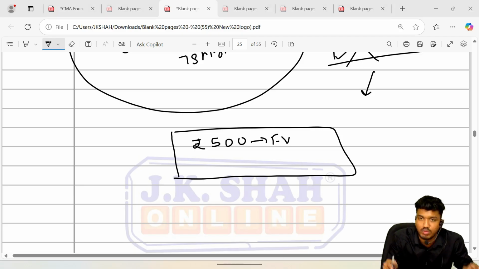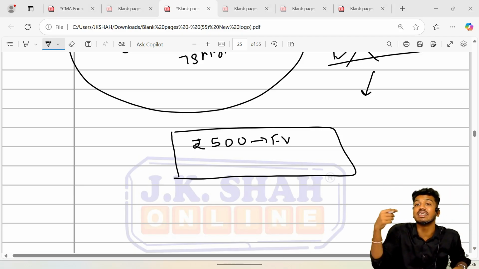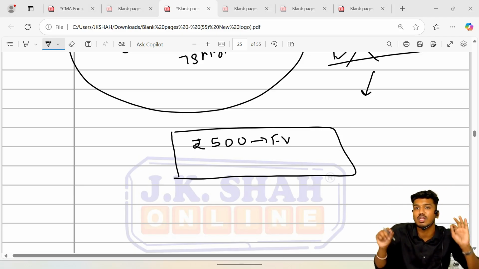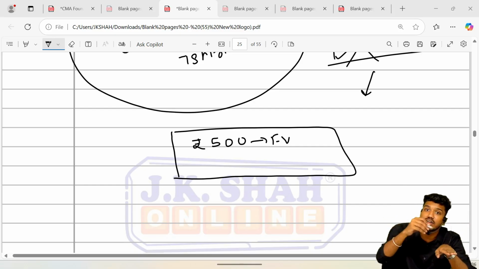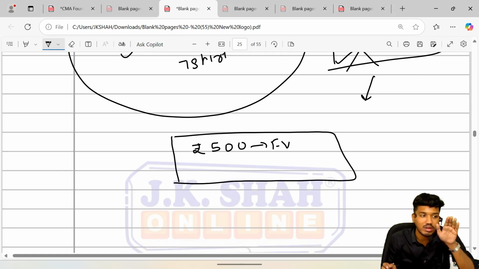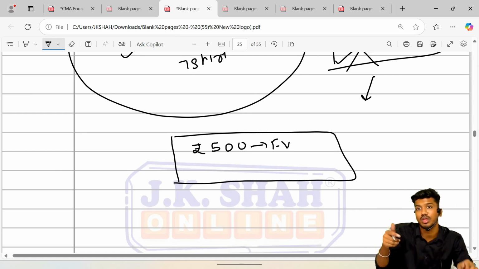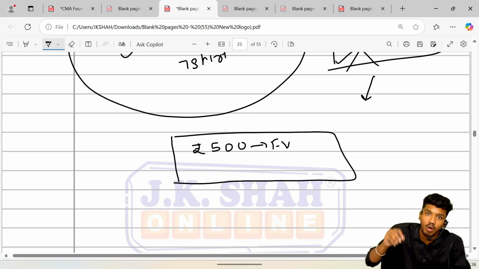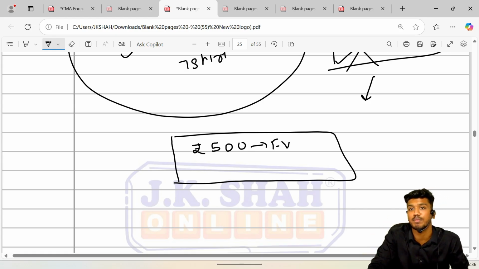Its actual value, that of the piece of paper, is called intrinsic value. The paper's value is less, but the moment 500 is written on its face, its face value is more. So in fiat money, intrinsic value is less as compared to its face value. The worth of that paper is not much, but the moment 500 is written upon it, its value gets incremented.